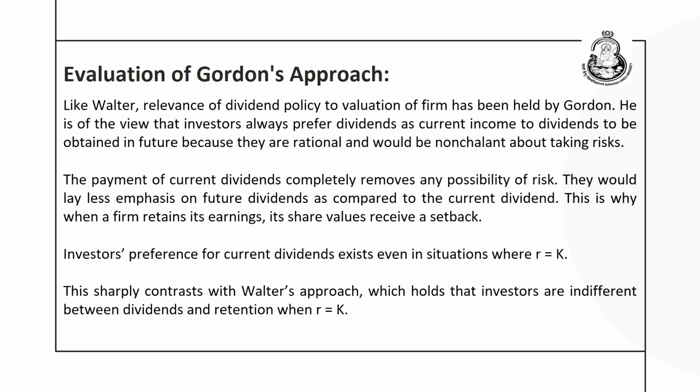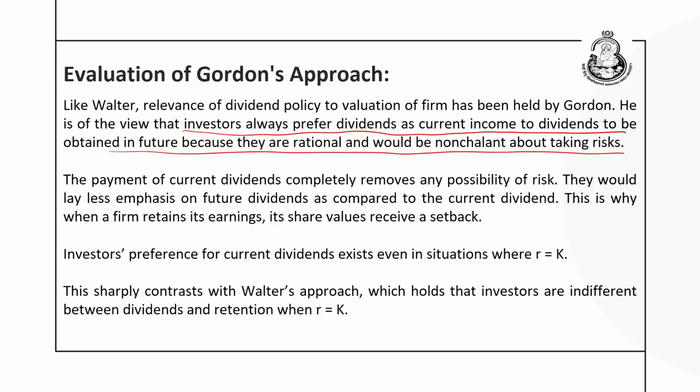Just like the Walter, the Gordon has also been able to prove that the investors always pay for dividend as current income to dividend, because in future there are a lot of uncertainty involved, and it is always preferable to have the current income, because money received today is better than the money received tomorrow.